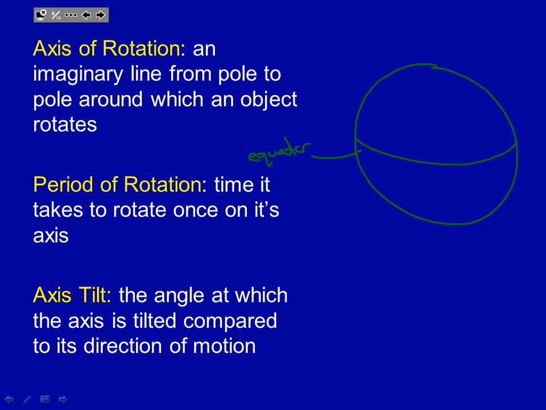And I'm simply going to put a line at the top and a line at the bottom as if I've got a couple of pegs or something sticking out of the top and bottom, north and south poles. And that is the axis of rotation. So the axis of rotation is that imaginary line from the poles, 90 degrees to the equator. And so that is the line at which it rotates around.